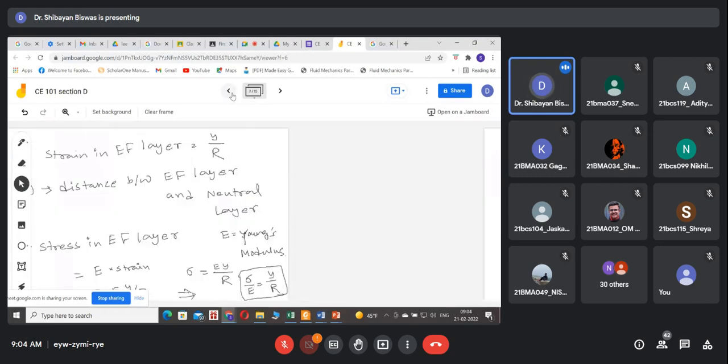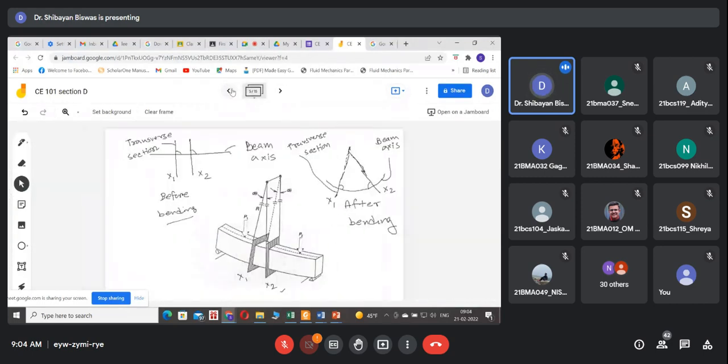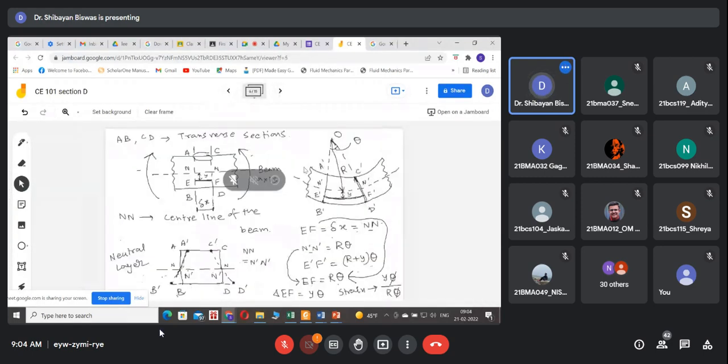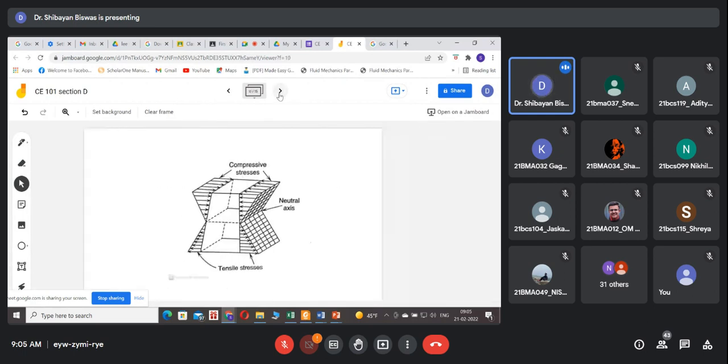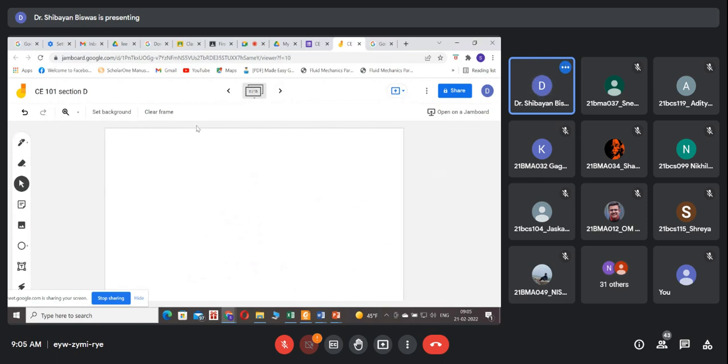So last day we have seen bending stress in beams, and finally we came up with this expression where the stress of a layer is related to the distance of that layer from the neutral layer. Okay, so let me quickly draw.